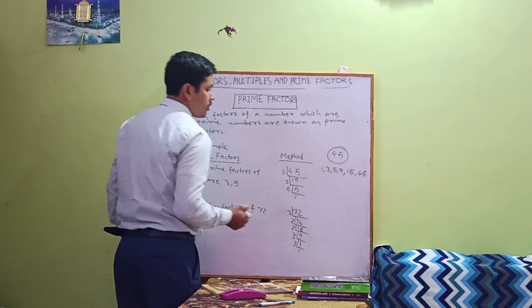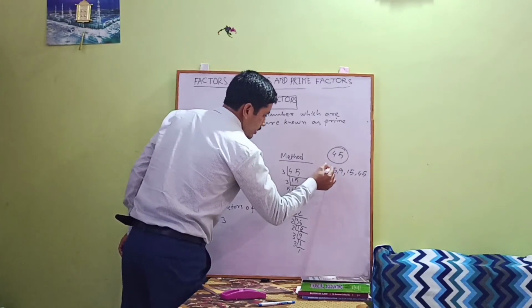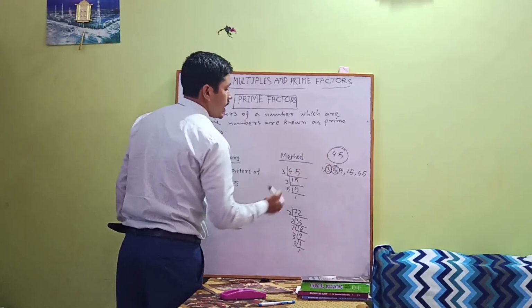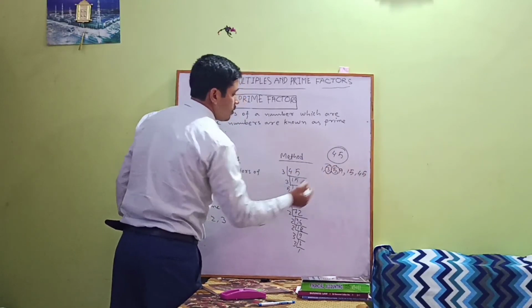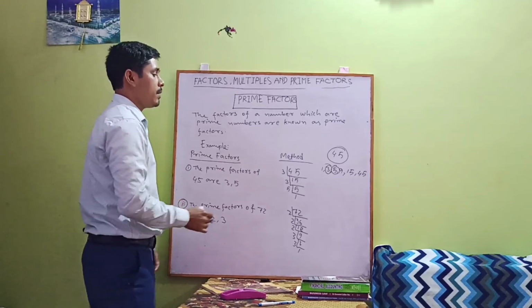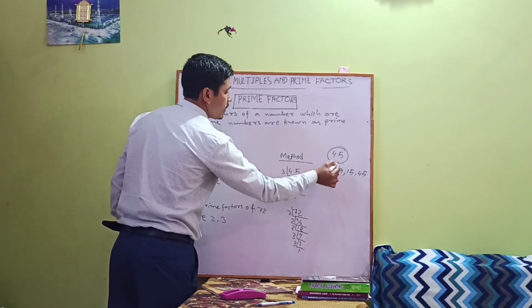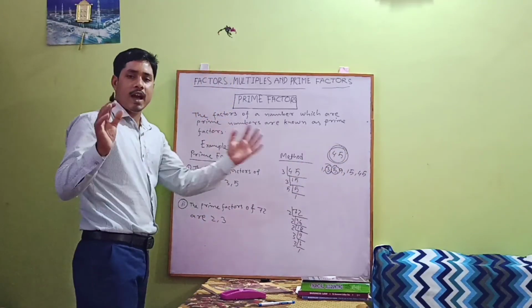Among these factors, the prime numbers are only 3 and 5. 9, 15 and 45 are not prime numbers. That's why 3 and 5 are the prime factors of 45. Is it clear? Okay.